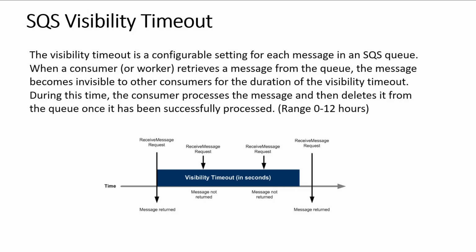Now, if the visibility timeout expires and the message is not processed successfully, then the next receive message request that comes for that particular message, the message is returned to that consumer. But if the message is successfully processed within the visibility timeout, then the consumer picks the next message from the queue.